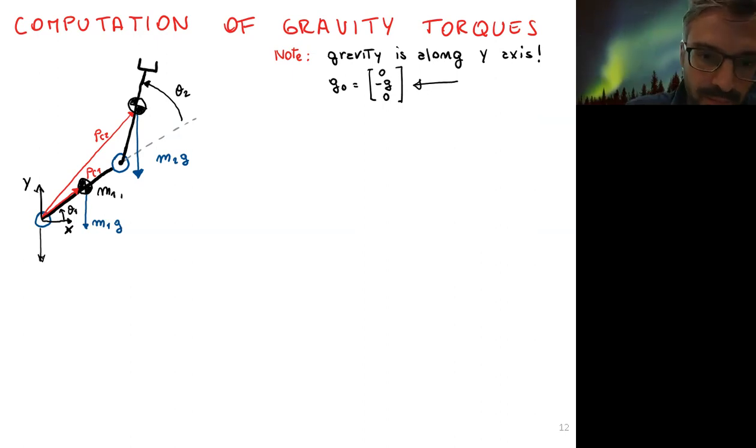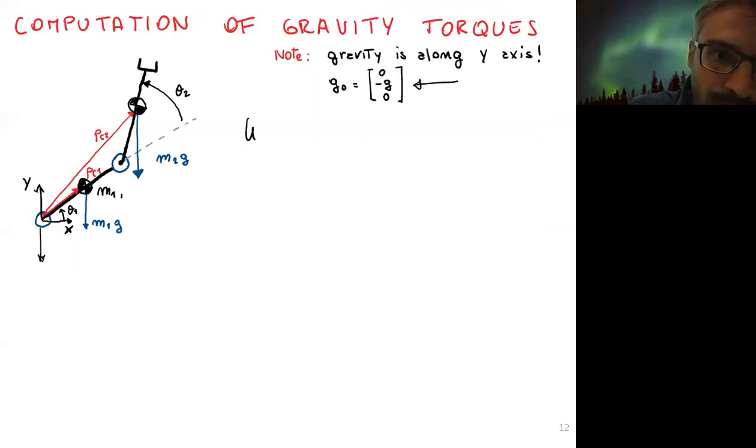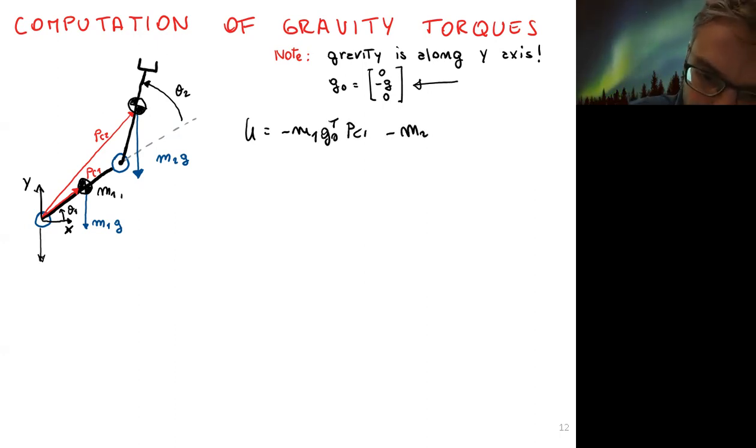To compute the potential energy, again, we apply the formula M1 G0 transpose PC1 minus M2 G0 transpose PC2.